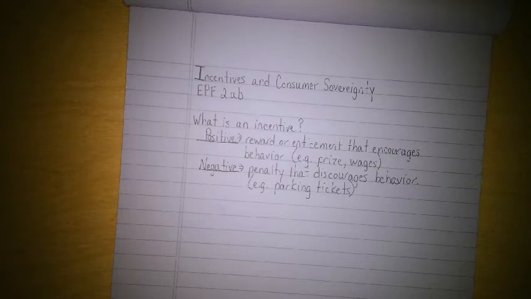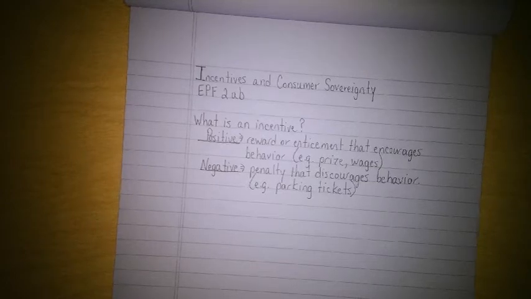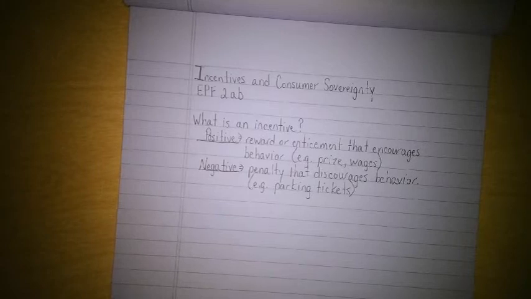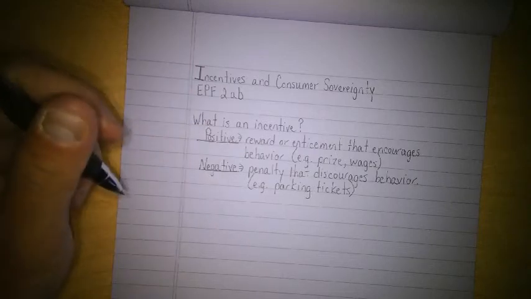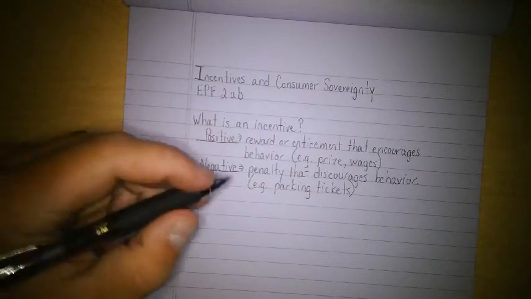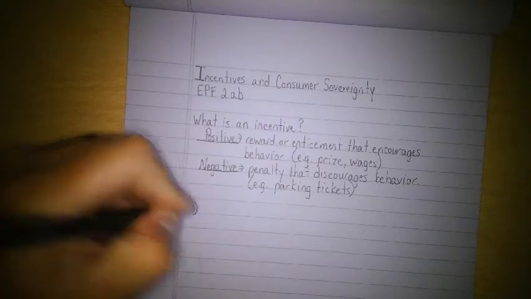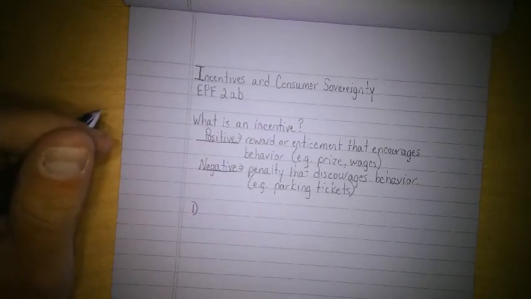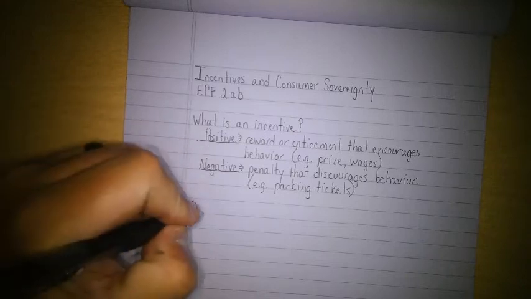All right. So how do consumers and producers and all those things I just said respond to incentives? So basically, guys, how is it that we would respond to an incentive, okay? So the first one, and this is all positive, put down that a value or a lower price is an incentive.